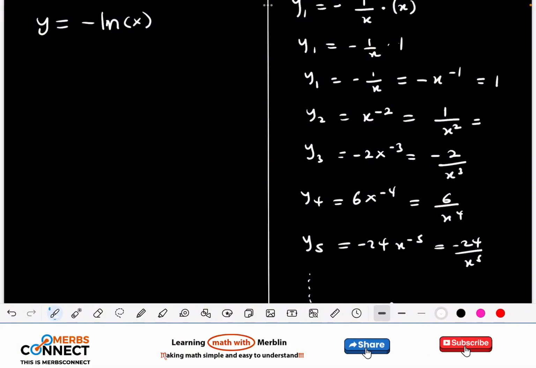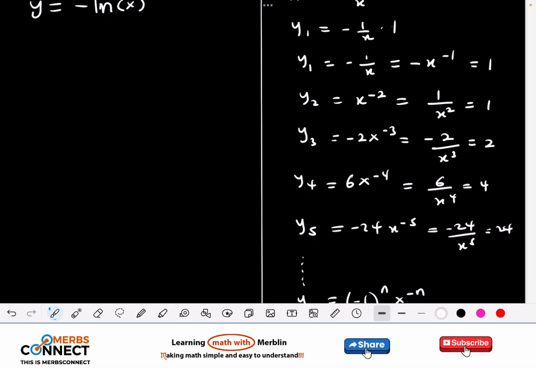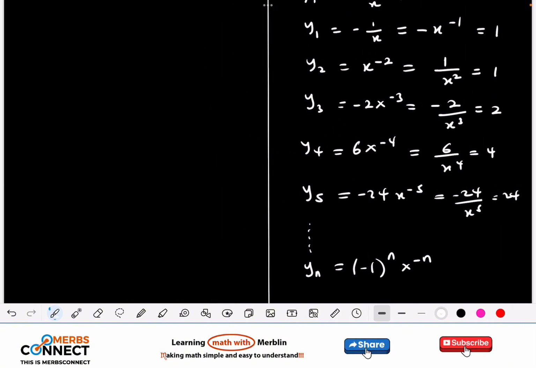The y2 is also 1. Y3 is 2. Y4 is 6. And y5 is 24. We are picking what is left, right? So now what can we see? We want to write it in the factorial form, right? So we can see that if I have 3, for me to get 2, then I need to have 3 minus 1.